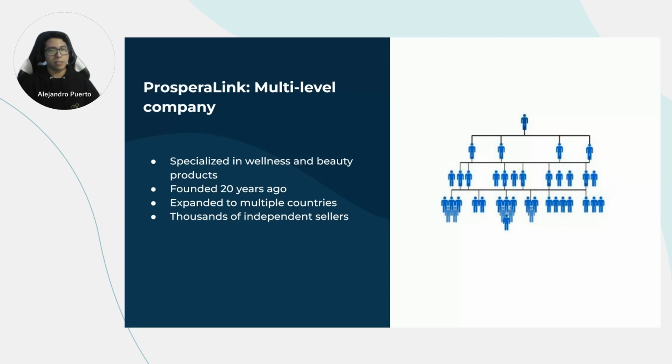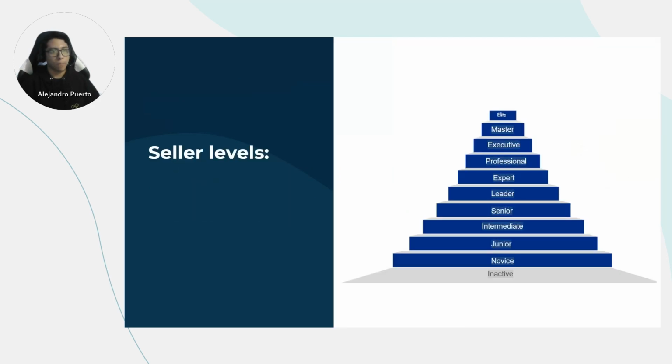This is where Neo4j comes into play. As a multi-level marketing company, it has some seniority levels that the vendors or sellers expand themselves and grow within the network according to sales or according to people that they invite to join in their network.